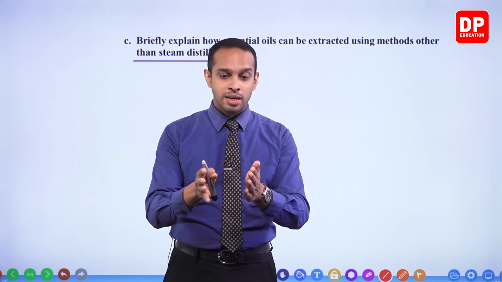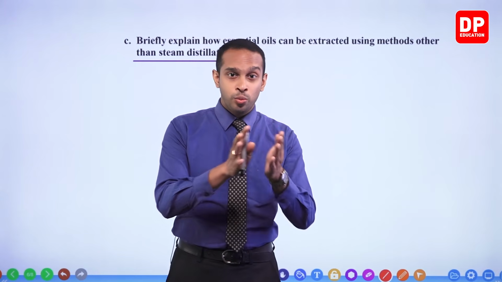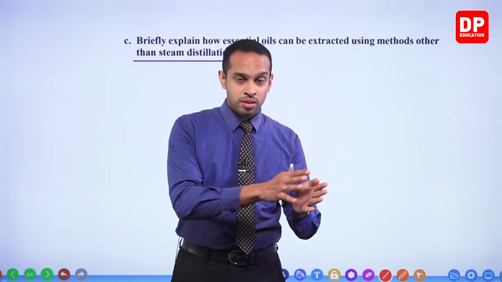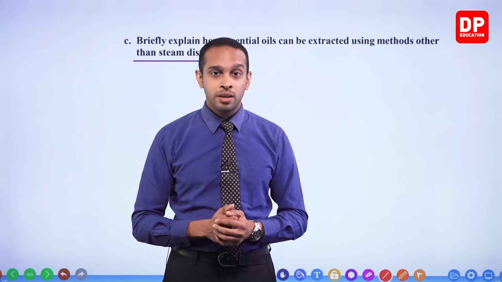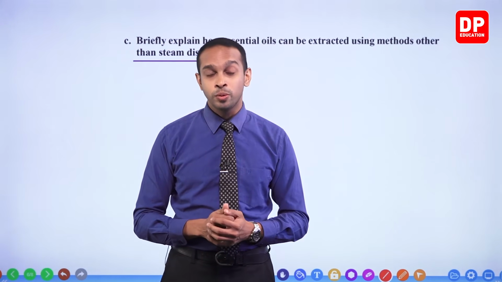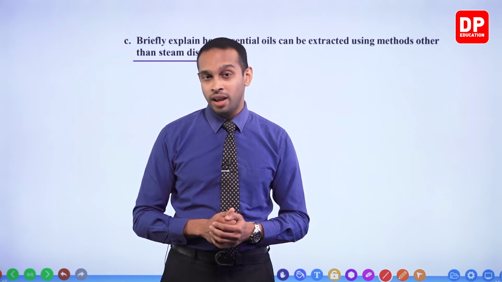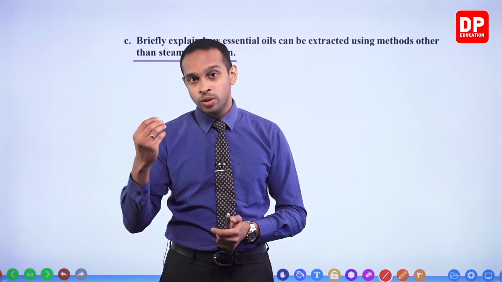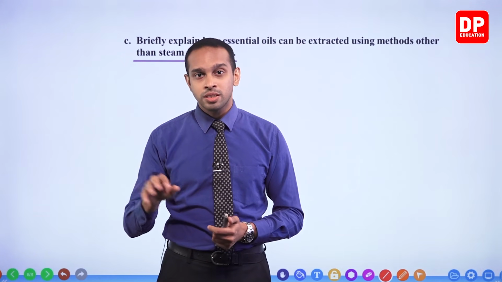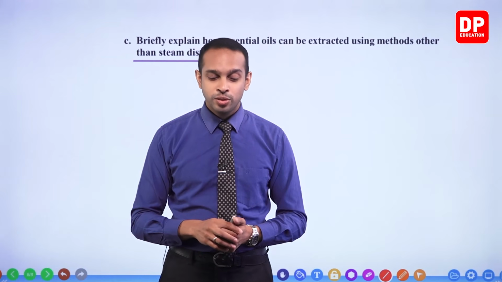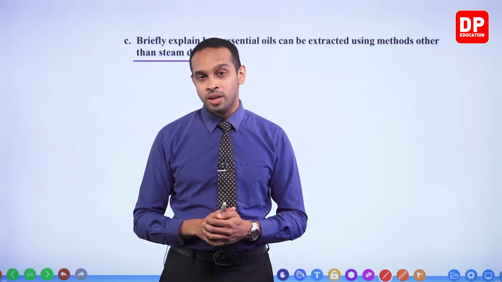We first extracted the essential oil into wax through pressing, and then from the wax the essential oil was extracted into the organic solvent through solvent extraction, and then the solvent was evaporated under milder conditions, allowing only the essential oil to remain, right? So this is how pressing is done to extract essential oils.